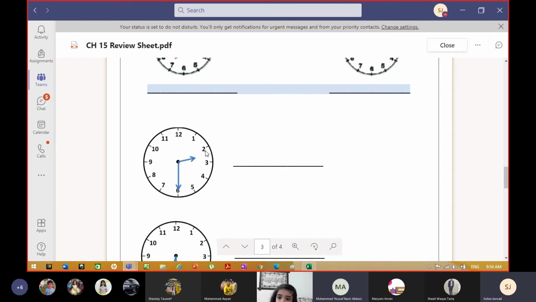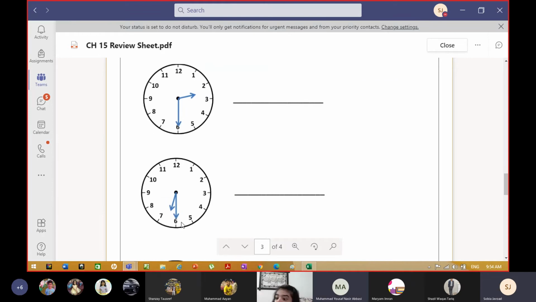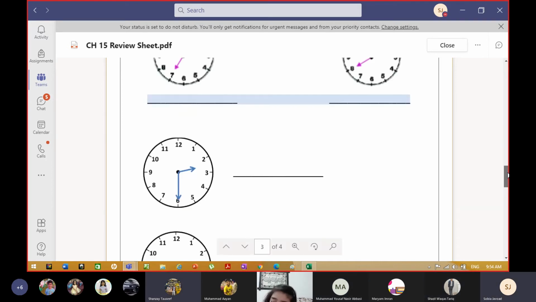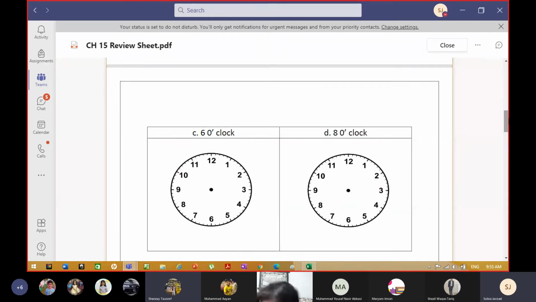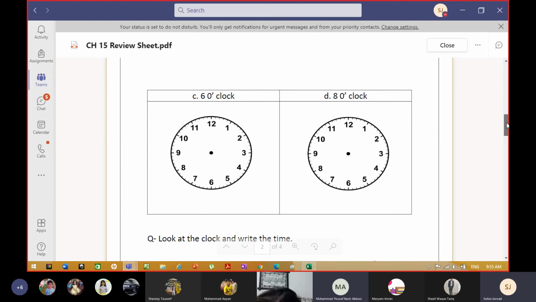No, not 3, half past 2. Yes. And on the next clock? What is the time on this clock? Half past 8. Okay. Just draw a clock like this, and then draw clock hands to show the time.